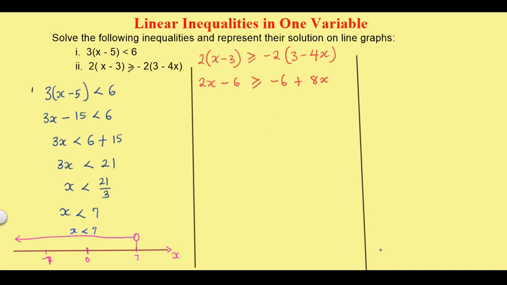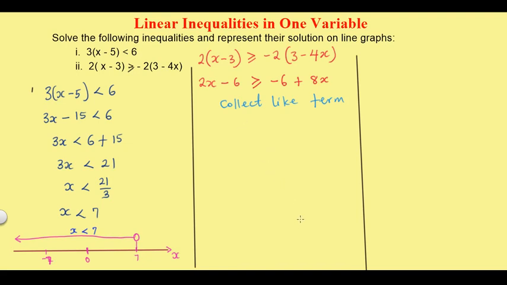The next thing for us to do here is to collect like terms. That is, take the terms involving x to one side of the inequality and take the terms involving numbers to the other side.